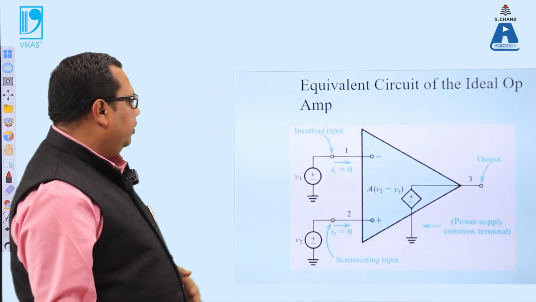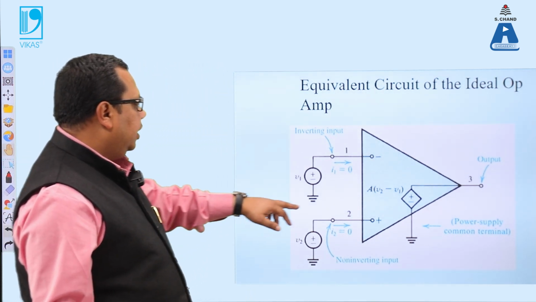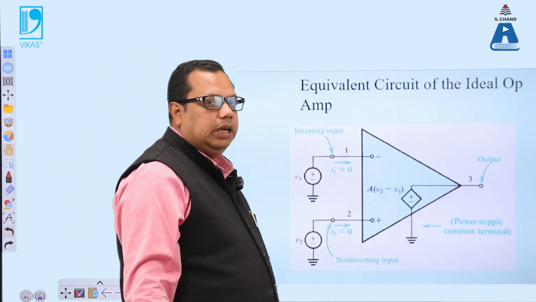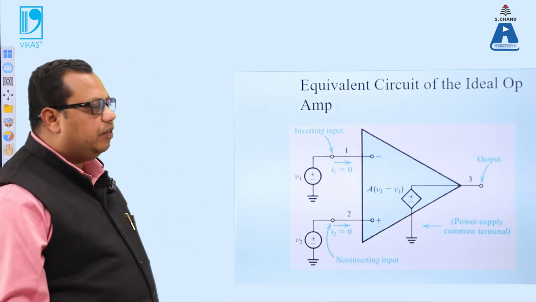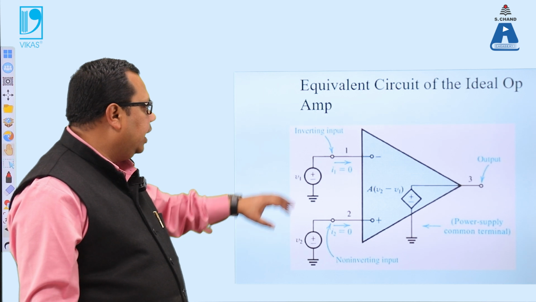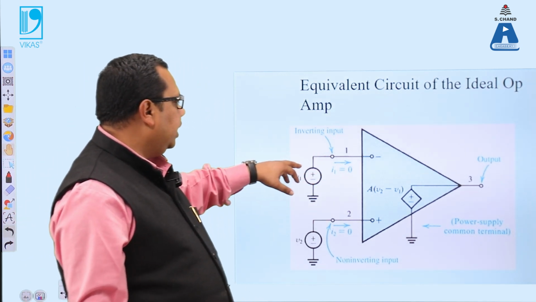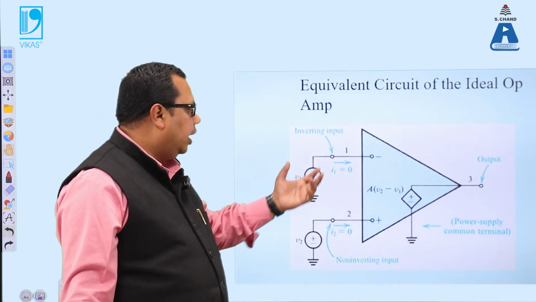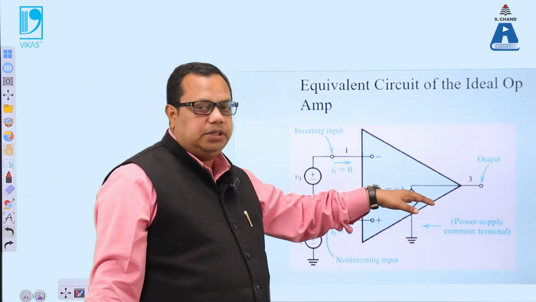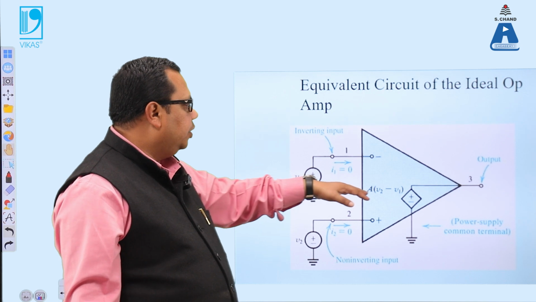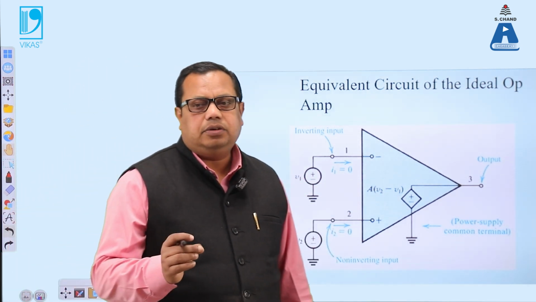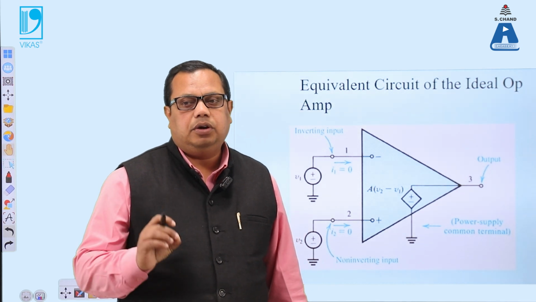So this is A, which is V2 minus V1, and from the output we get the gain factor or the oscillation that has to be done. Leg 1 and leg 2 are in the inverting mode, and we use the power supplies in this, and after using the power supply we get the output.